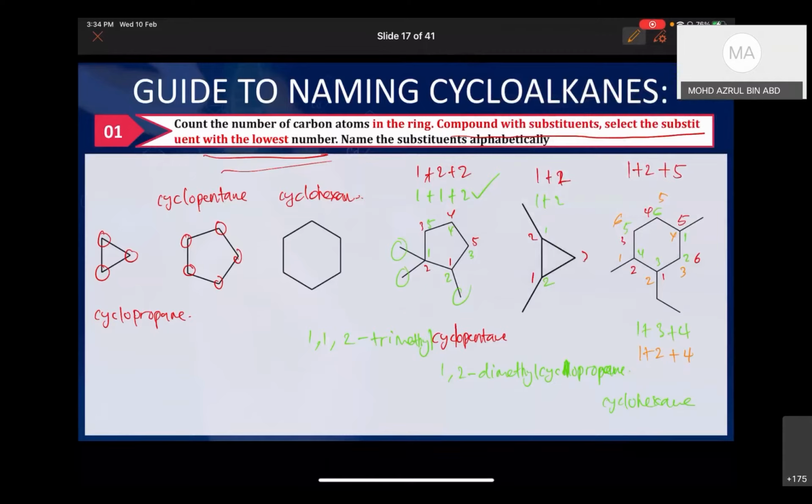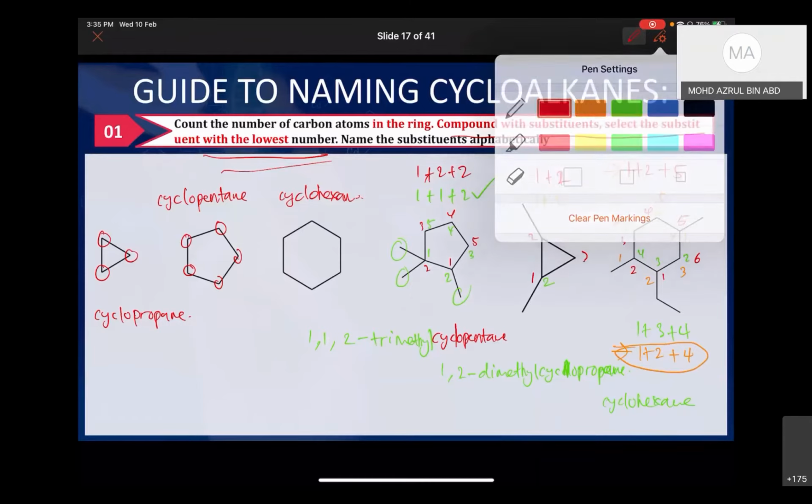Red, green, or orange? Orange. It's just simple addition. The orange one: 1 to 4, versus 1 to 5. So we need to follow the orange one.